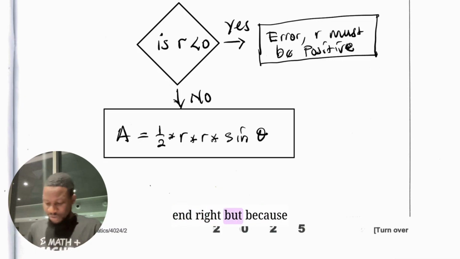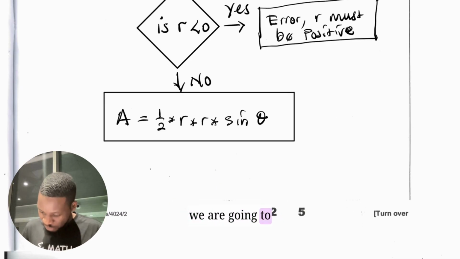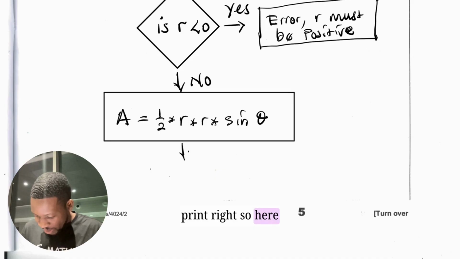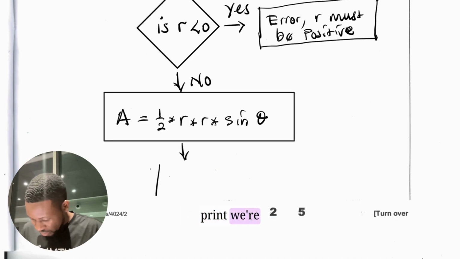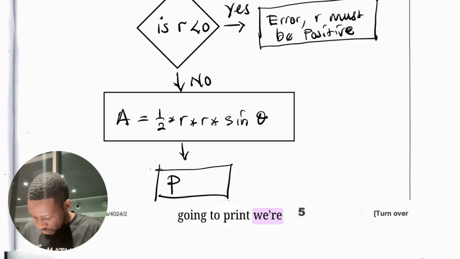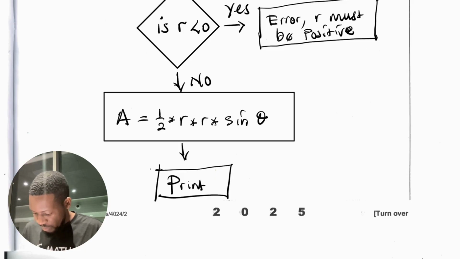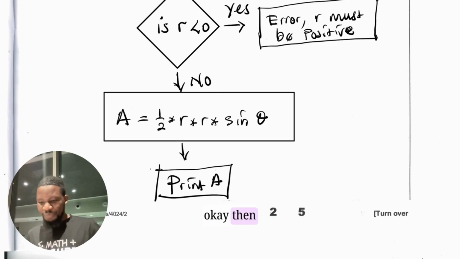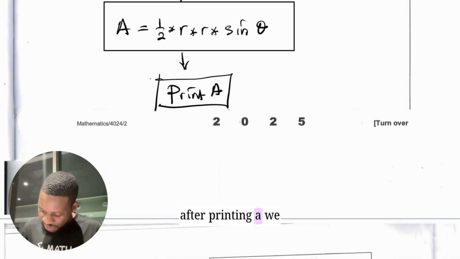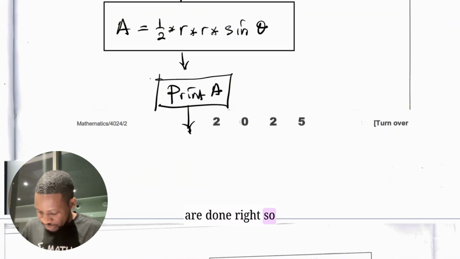Okay. Now, what happens after you do that? We are going to end, right? But because this is a flowchart, we are going to print A. Then after printing A, we are done, right? So this should be a nice stop.